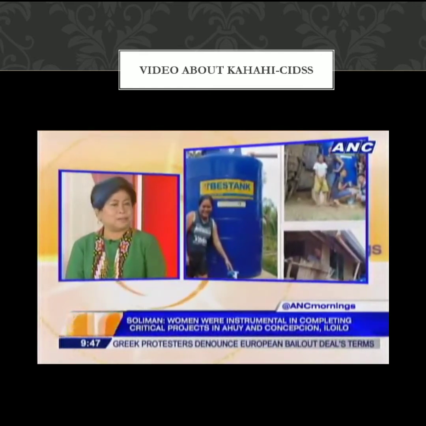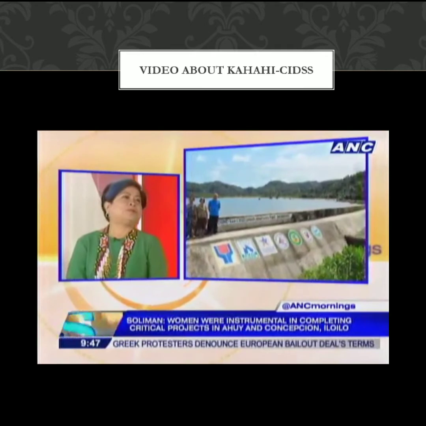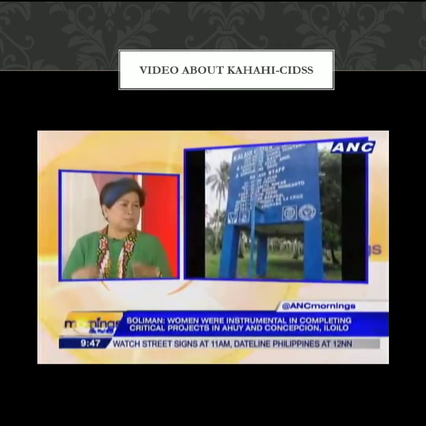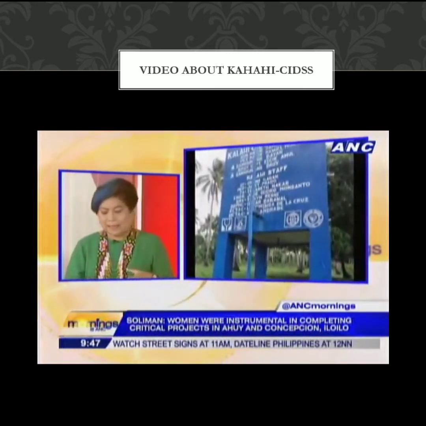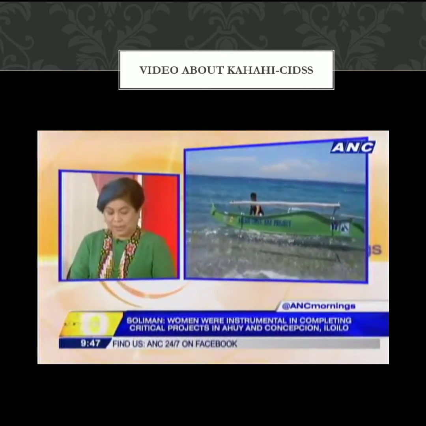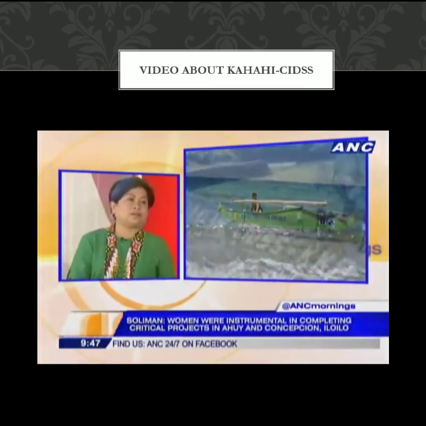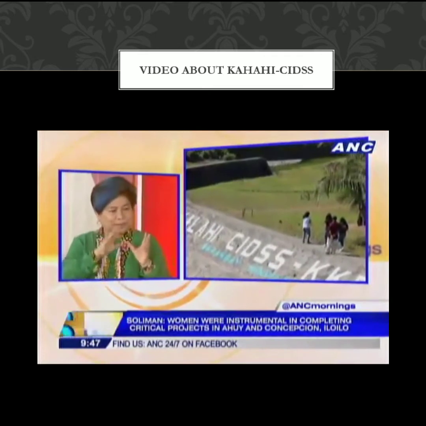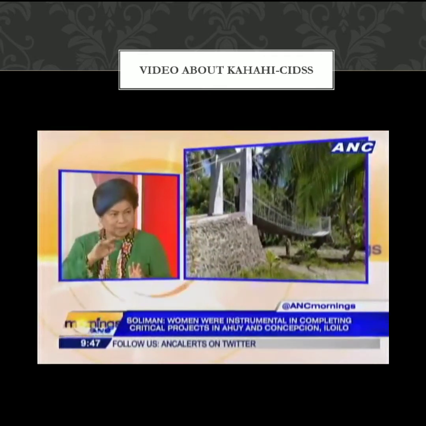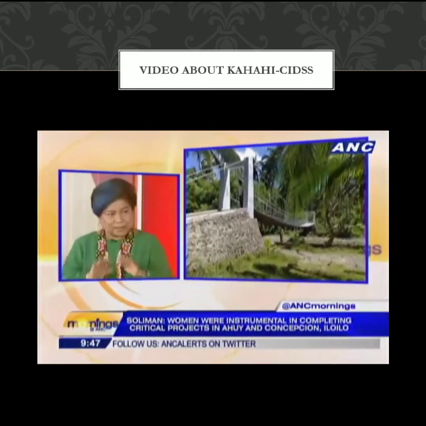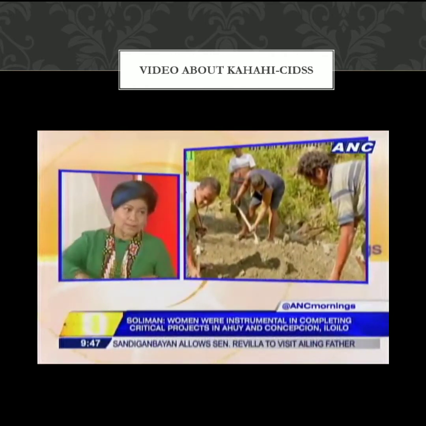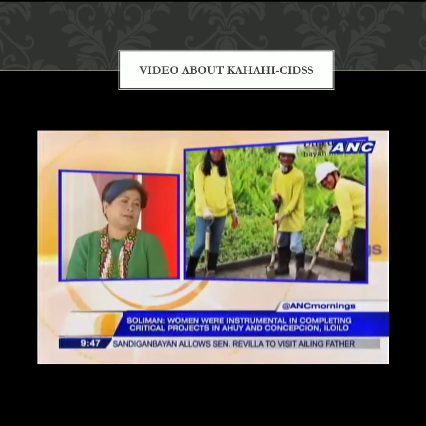The other project that comes to mind is what we were calling the Gagamba Boys. Again, women were the ones who were pushing this because it's their children. This is in, I want to get that straight. All right, the showcase community, Makatungo in Concepcion, Iloilo. This is the place where the boys and the children would climb down and climb up the hill to go to school because there was no access road going up to their barangay.